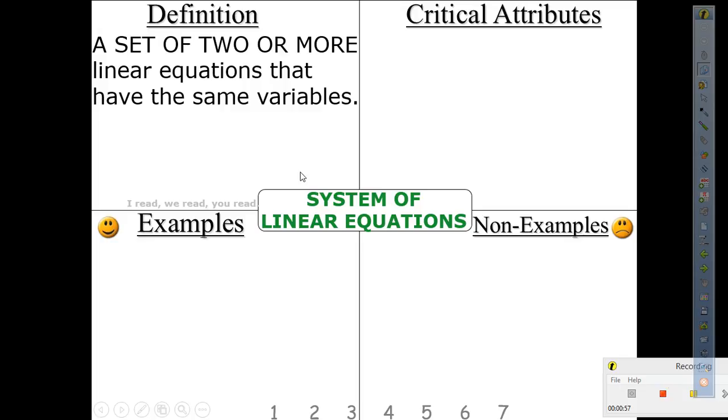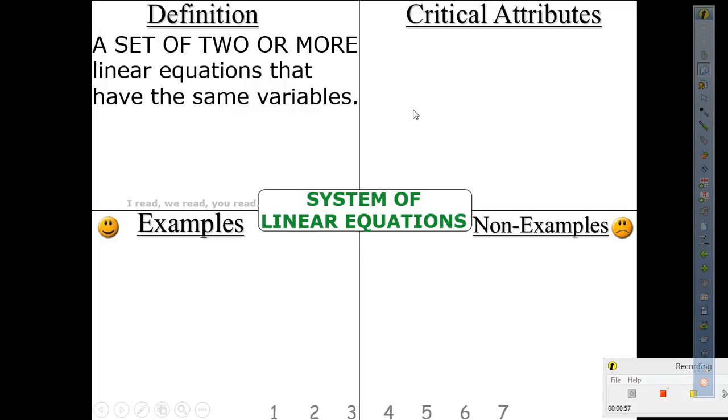A set of two or more linear equations that have the same variable.